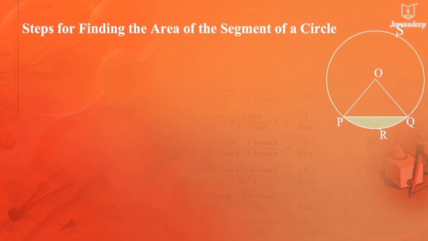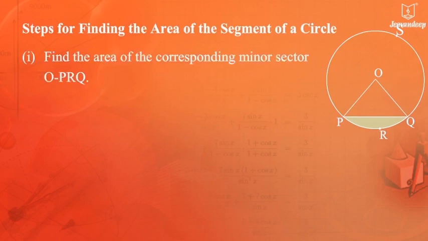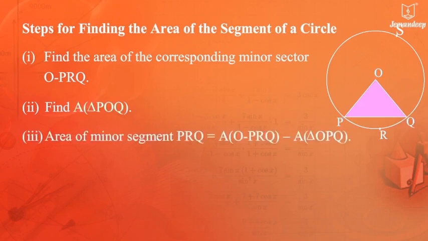Steps for finding the area of the segment of a circle. 1. Find the area of the corresponding minor sector represented by OPRQ. 2. Find area of triangle POQ. 3.